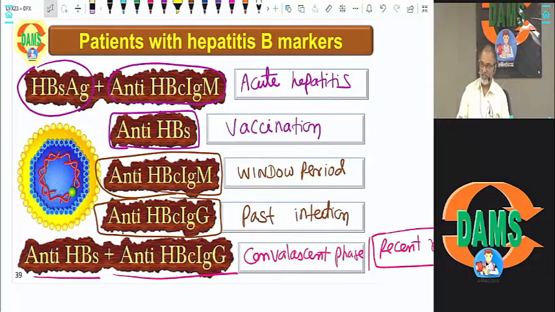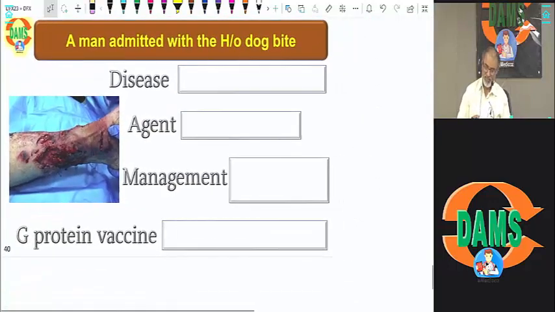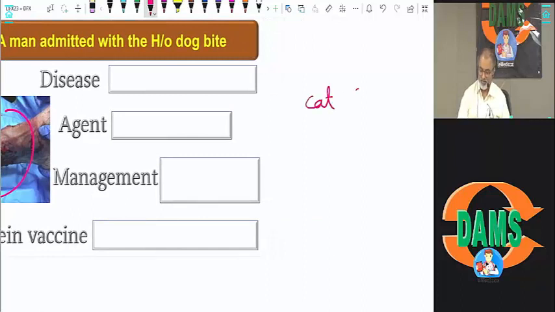Okay, next is a man admitted with dog bite. See, what category of bite this is? Category 3. Why it is category 3?